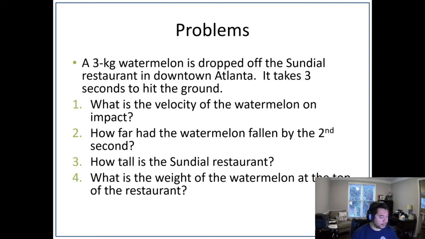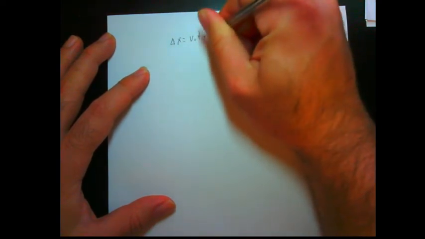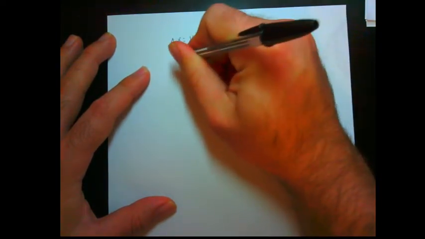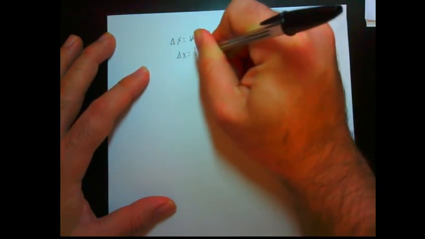How far had the watermelon fallen by the second? Well, let's do our how far formula. Our how far is delta x equals ViT plus 1/2 AT squared. We know the object was dropped, so we'll just do delta x equals 1/2 AT squared.